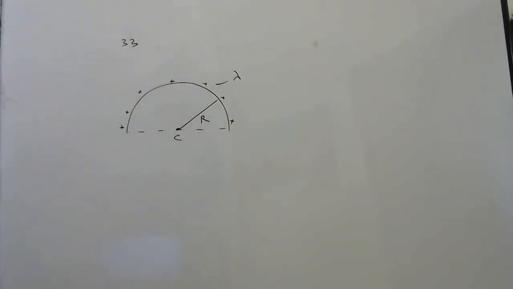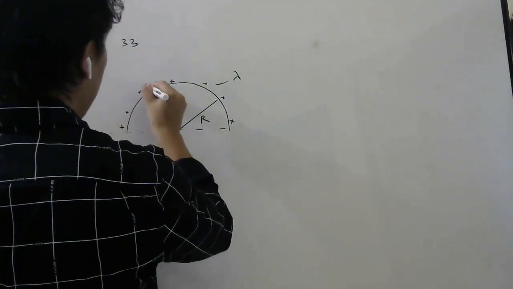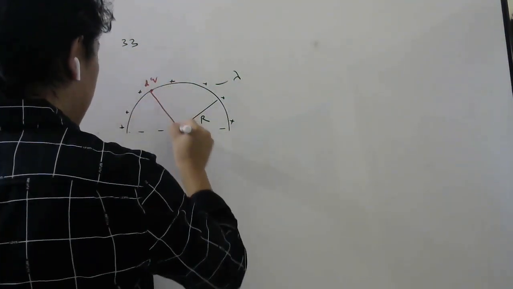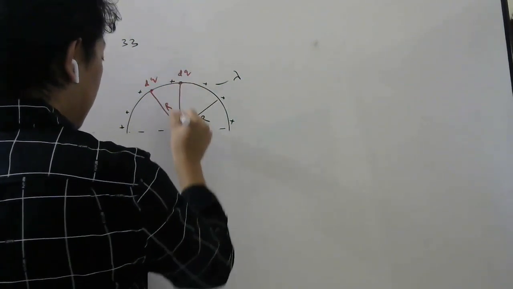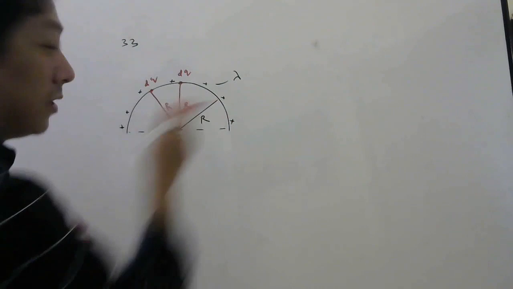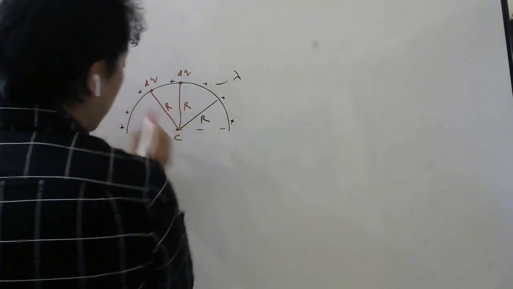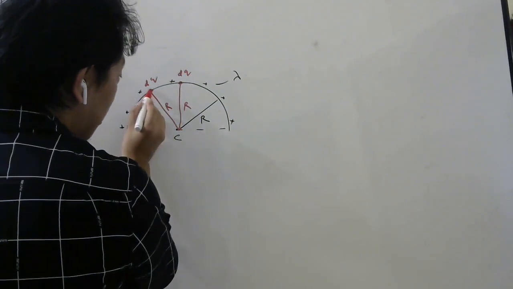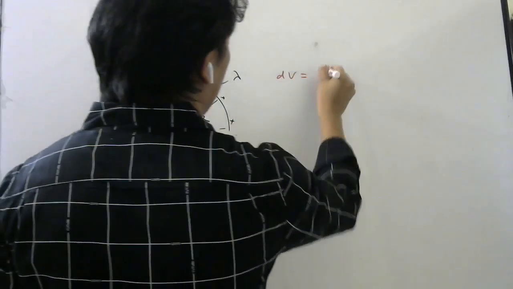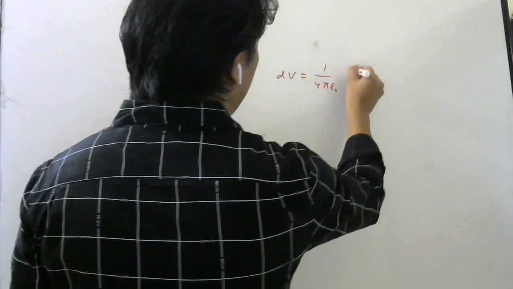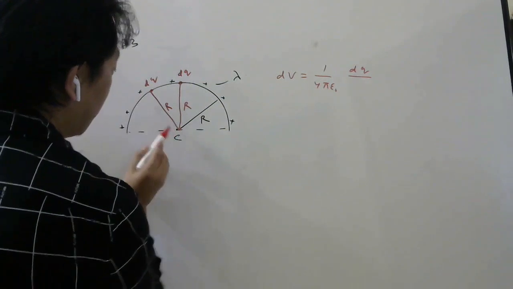If you take one small dq here and see this distance, that will be r. Take this dq and then see the distance, that is also r. So every dq is at the same distance from the center. So if you calculate potential here due to one small dq, which is like a point charge, what will be the potential? 1 by 4 pi epsilon naught, dq by the distance from dq to the observation point, which is the radius.